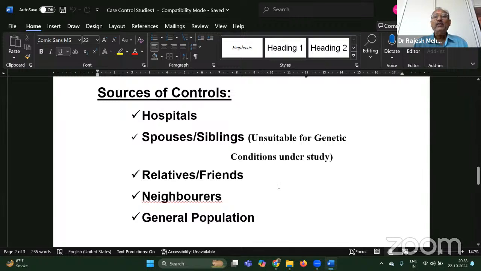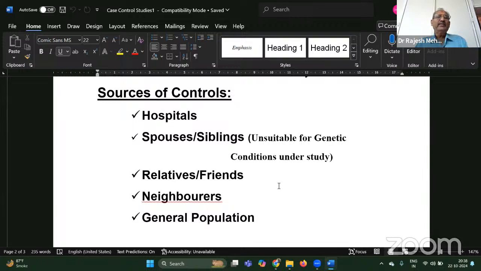There's a very interesting question right now. If you want to find out whether a condition is genetically related or related to the environment, and you take the same family members, there could be genetic factors and also environmental factors because they are living in the same family.